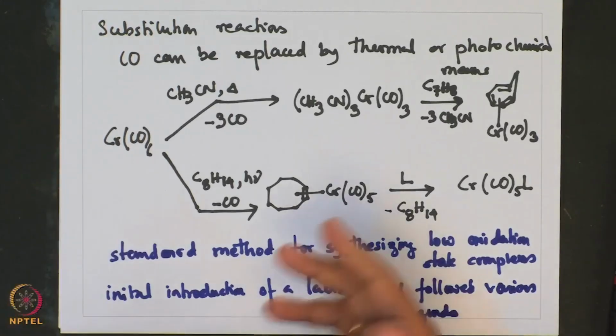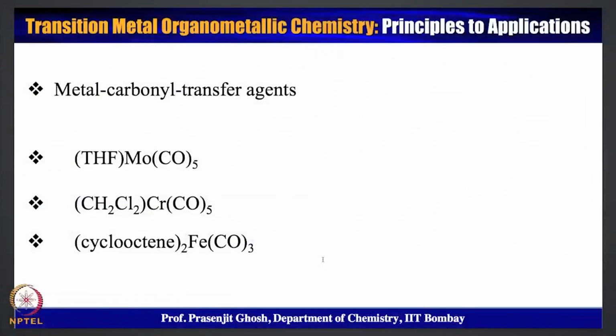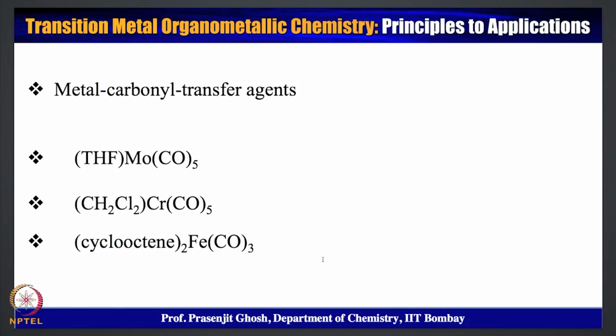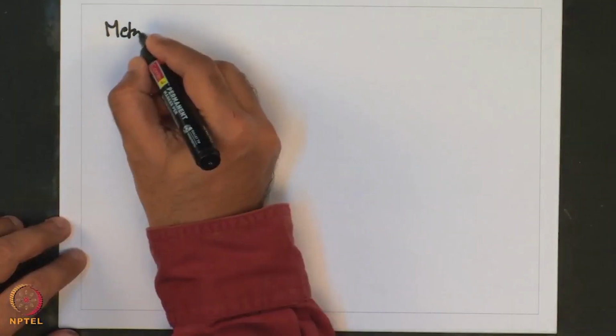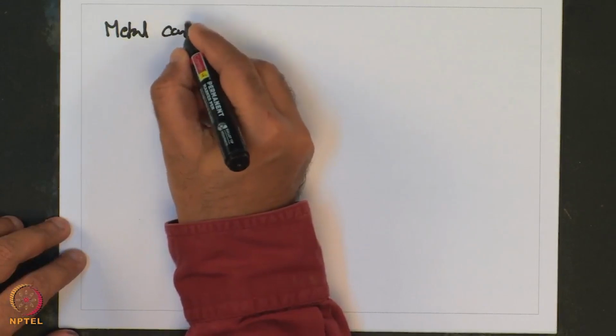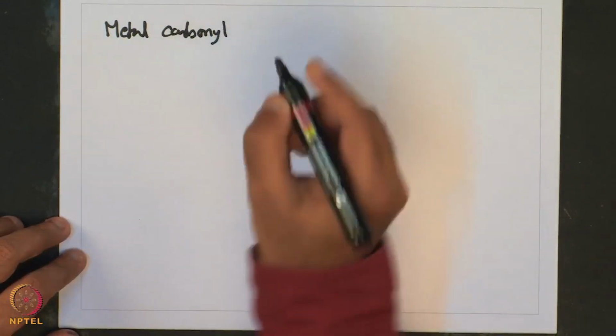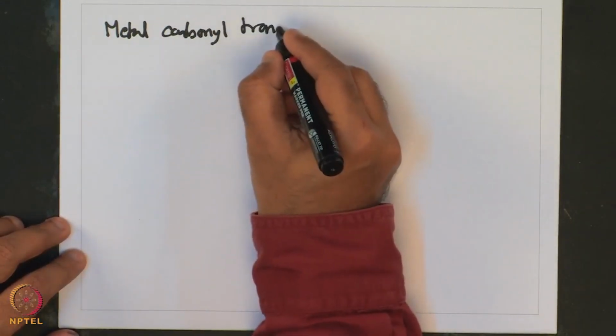Now, these complexes where COs have been partially replaced by a labile ligand are called metal carbonyl transfer agents, because they can be used for synthesizing low oxidation state carbonyl heteroleptic complexes.